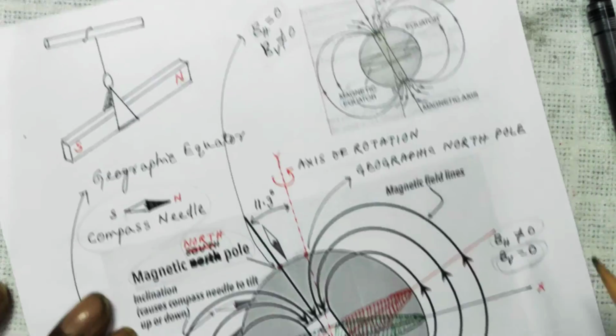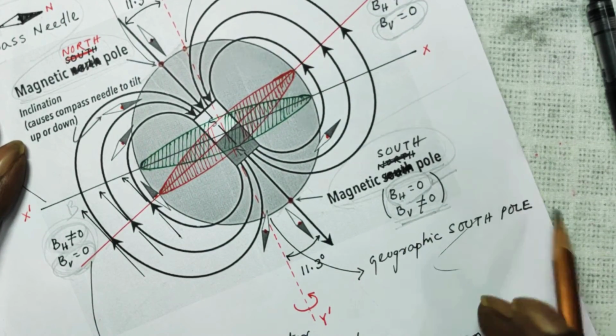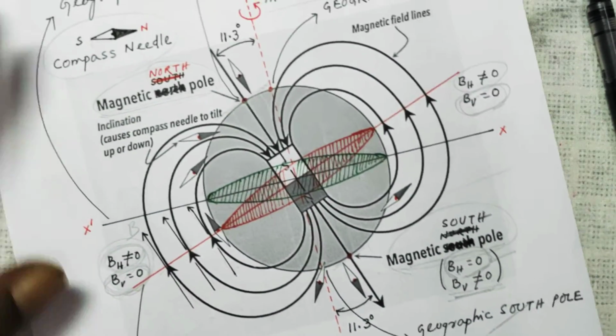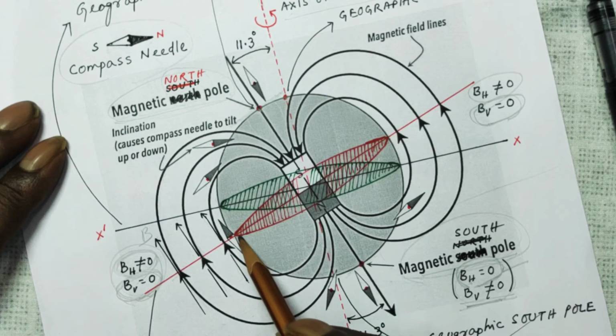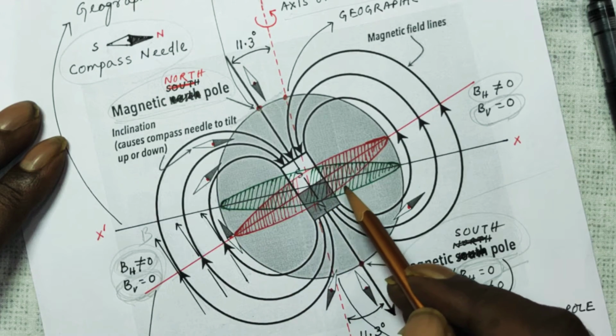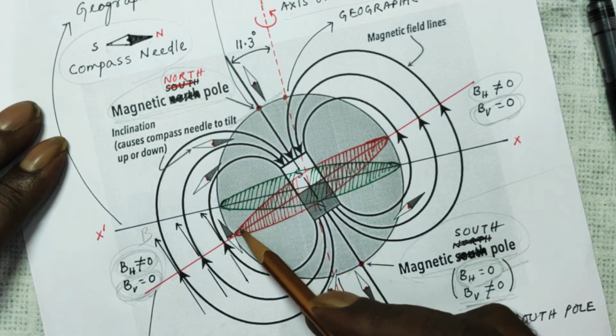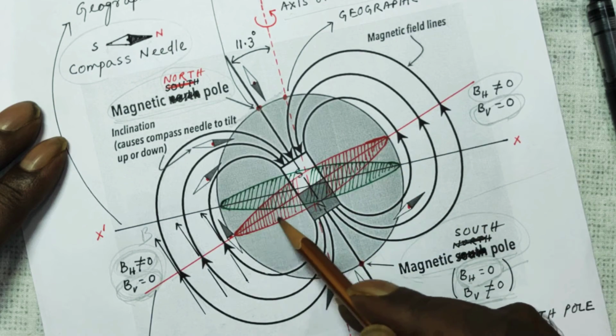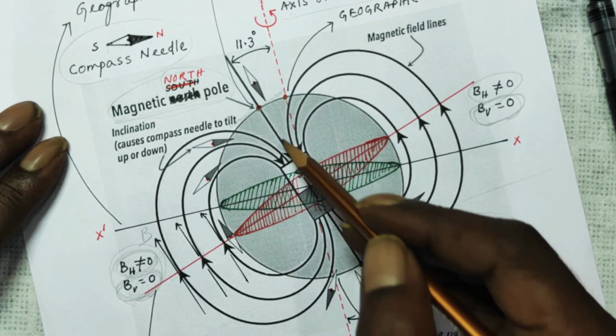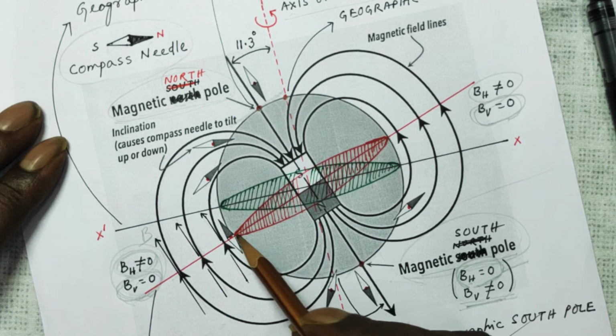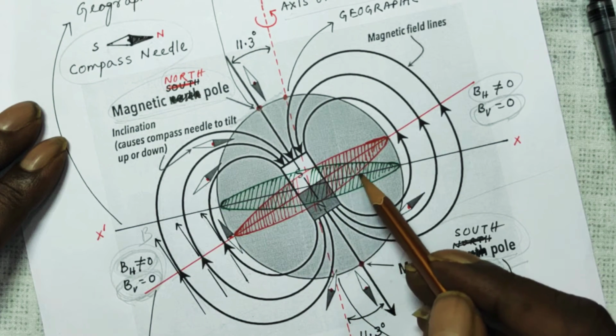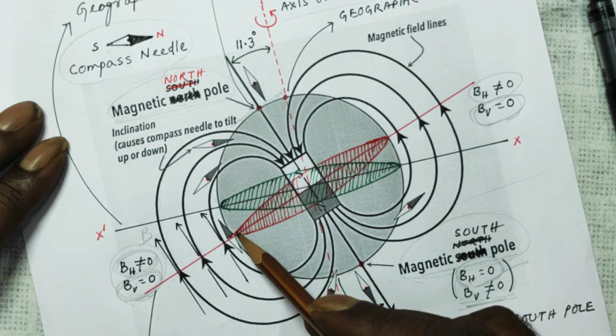And it is only vertical, right? And at all points on the magnetic equator, this plane is perpendicular to this line at all points on the surface of the earth.